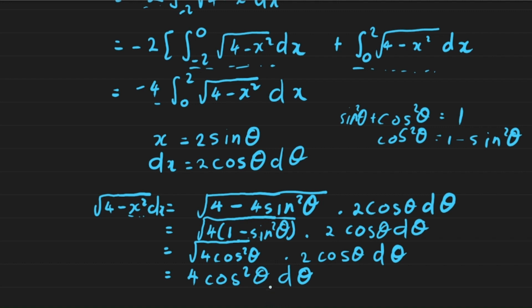So there's just one more trig identity to remember, and that is cos 2 theta. You'd remember that cos 2 theta is equal to 2 cos squared theta minus 1. So if we just solve for cos squared theta here, then we get that cos squared theta is equal to half of 1 plus cos 2 theta.